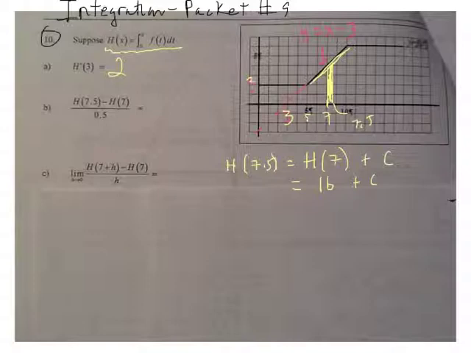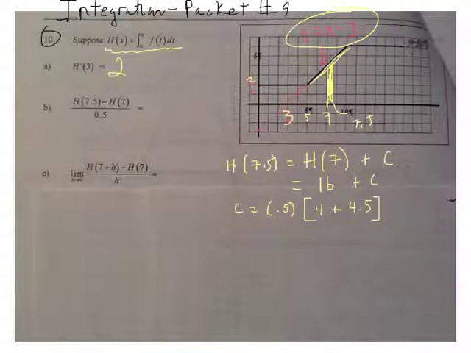So c is the area of a trapezoid. So it's a half times the sum of the bases. Now the sum of the bases, we have at 7, since our function is y equals x minus 3, at 7 we'd have a height of 4. And at 7.5, we'd have 4.5.